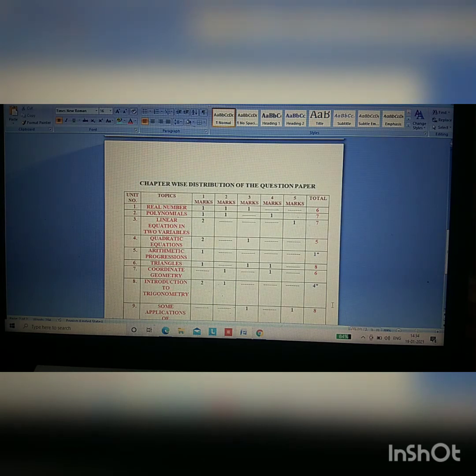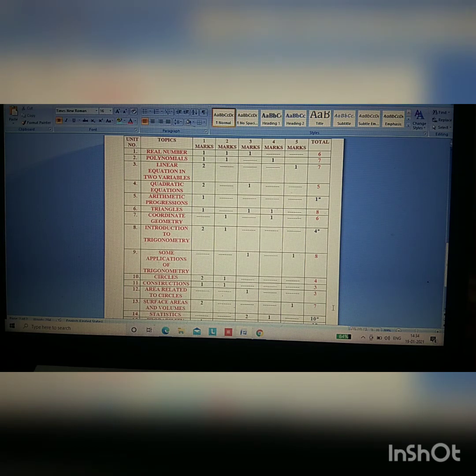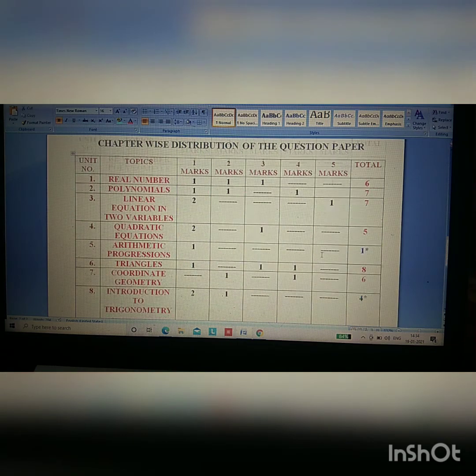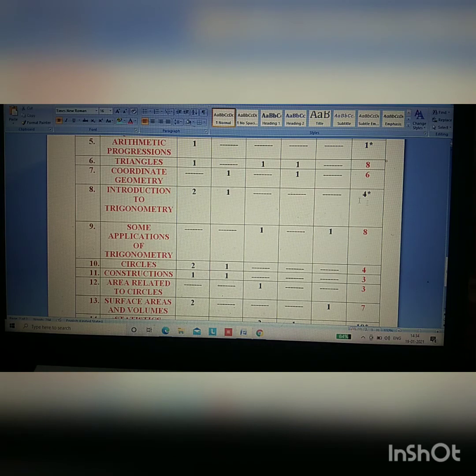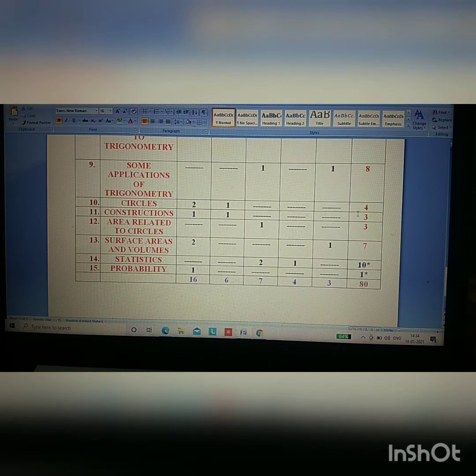This is the whole chapter-wise bifurcation of the paper that I have just explained here. There are some possibilities of changes as I explained. The units carrying a star, I have marked because there is the possibility of changes in these questions.